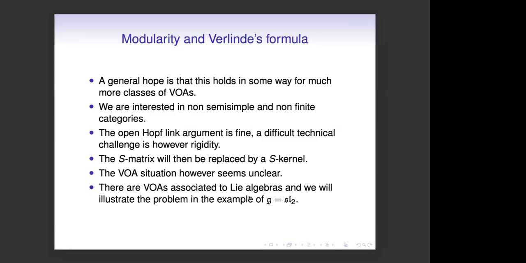And we chatted about the Verlinde formula for SL2 at admissible levels, so affine SL2 at admissible level. At that time the situation was that in the 90s physicists had looked at it, and they did computations that didn't make any sense, and their conclusion was that the conformal field theories are intrinsically sick.